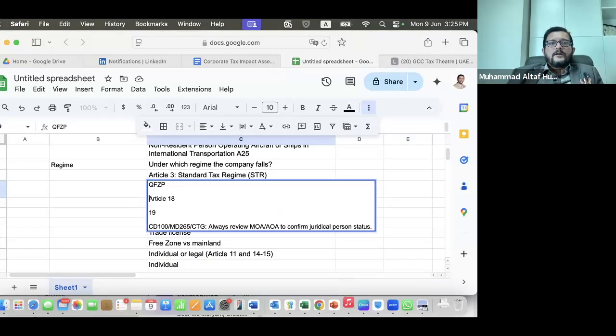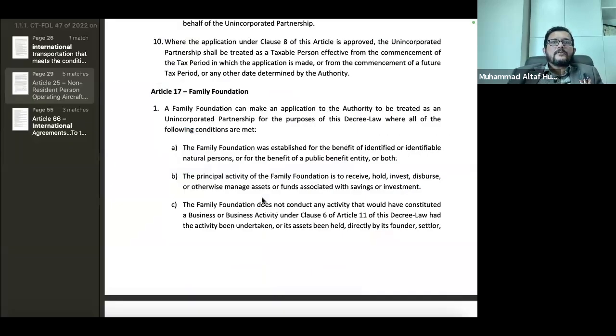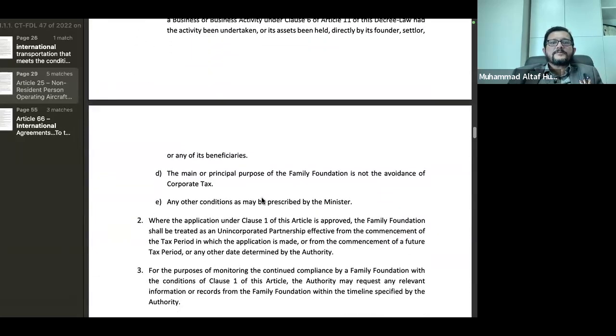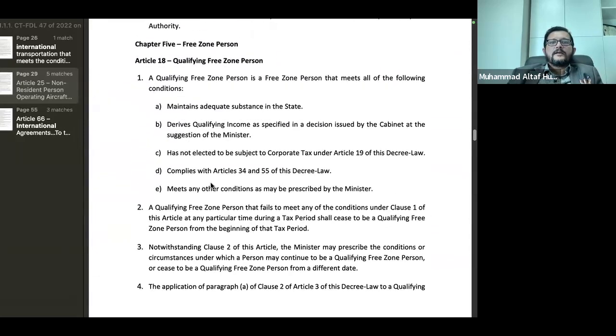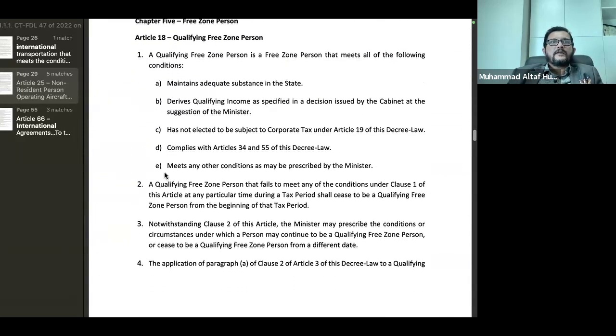So Article 18, what does it say? Within Article 18, how many conditions have been provided? If you look at Article 18, you will see 5 conditions provided. These are A, B, C, D, E.